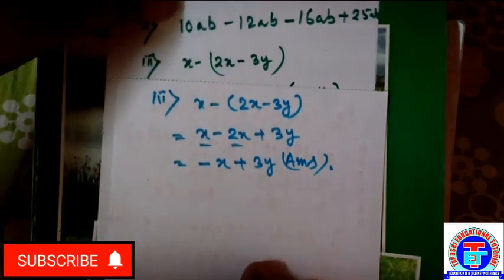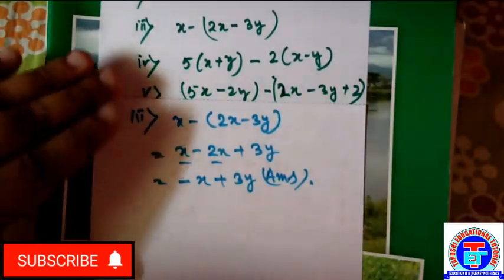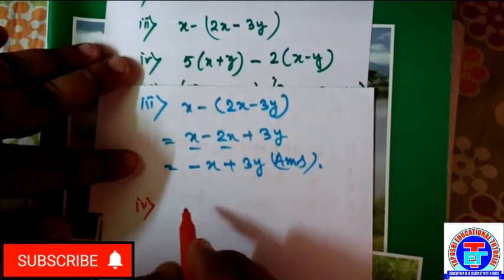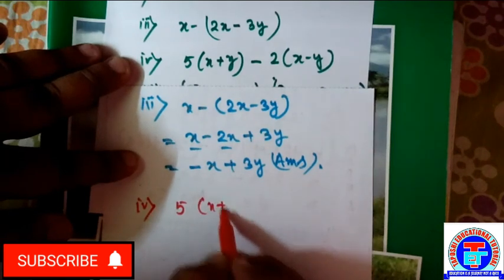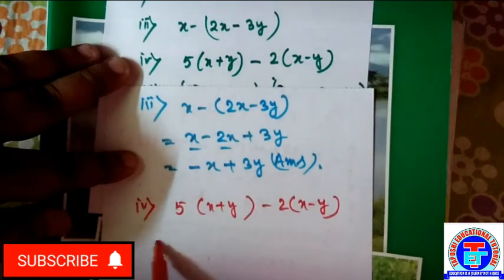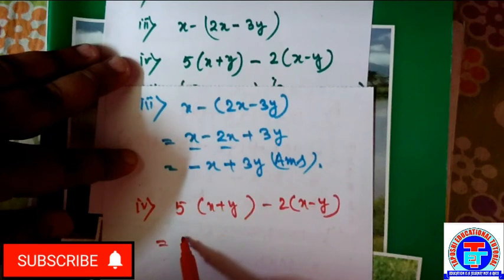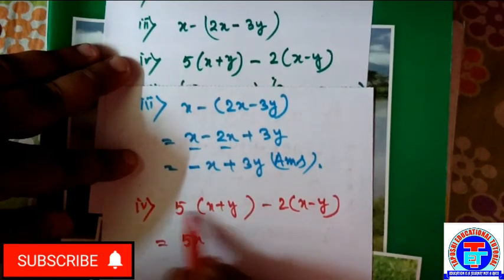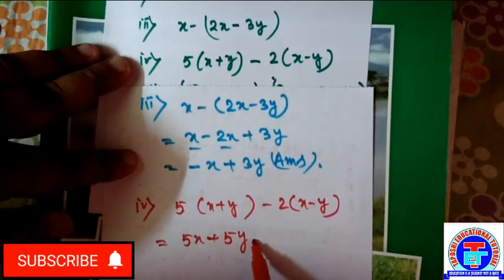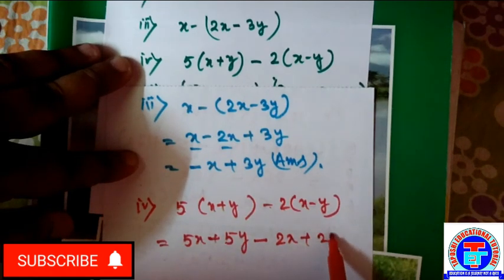Now next one, number 4 is given here: 5 into x plus y minus 2 into x minus y. In the simple way, we remove the bracket and simplify. 5x plus 5y. Now minus 2x plus 2y.